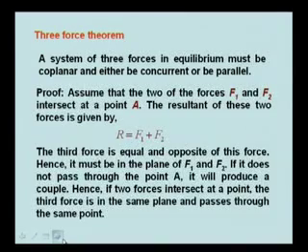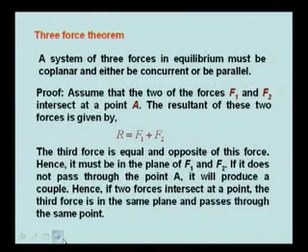So the resultant of these two vectors must be in the same plane, because one can construct a parallelogram which lies in that plane. The third force is equal and opposite to this resultant, so it must be in the plane containing F1 and F2. If it does not pass through the point A, then it will produce a couple.